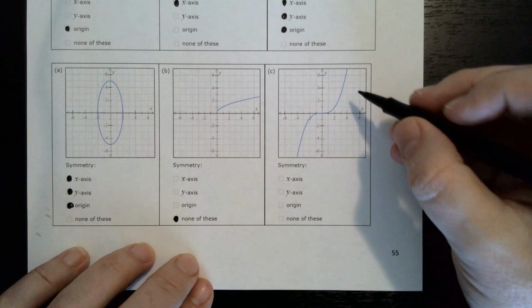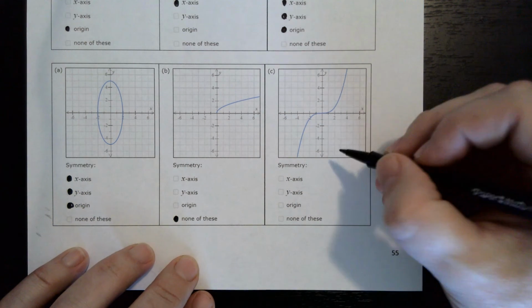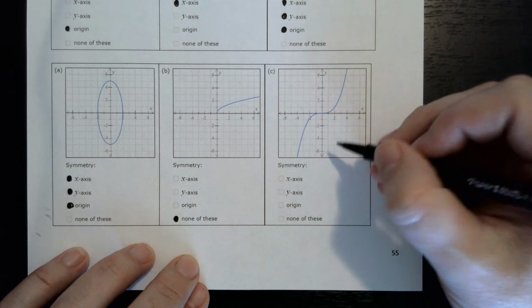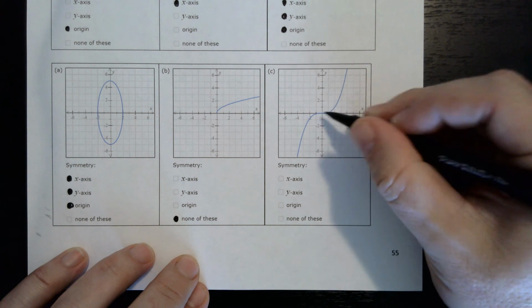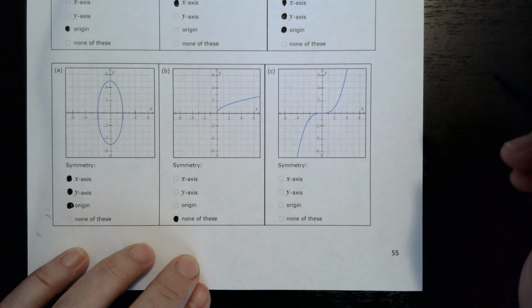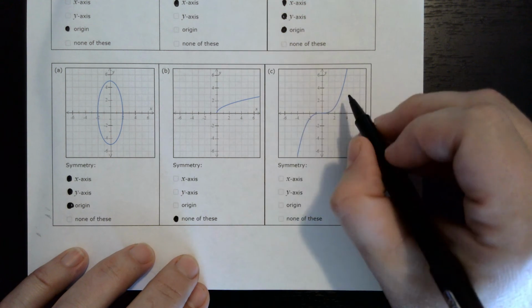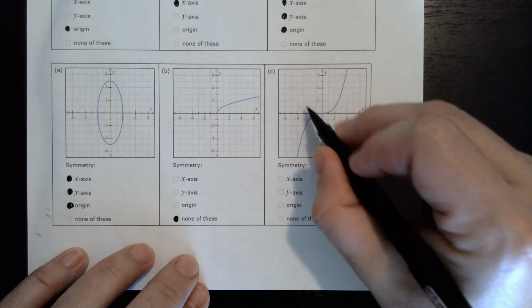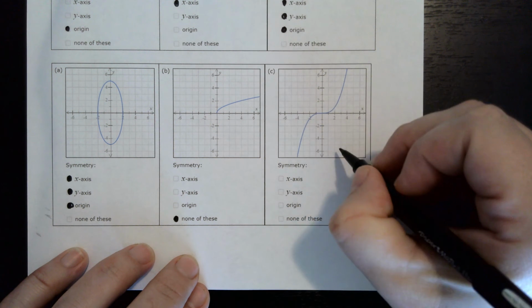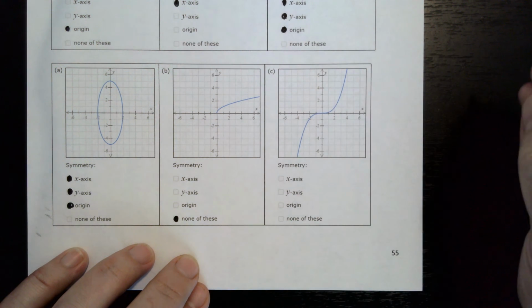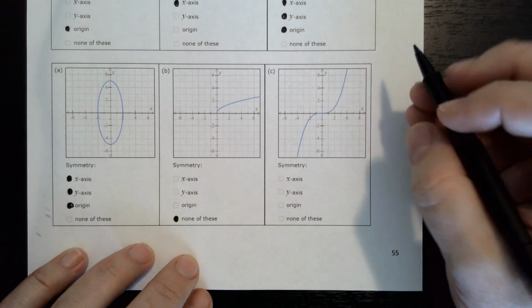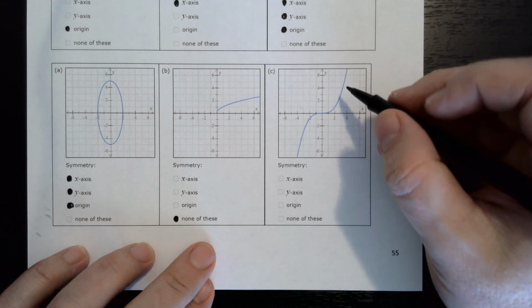Okay, and then the last one here, do the top and bottom look the same? No. There should be a graph down here and another graph up here for the top and bottom to look the same, so they do not. For y-axis, do the left and right look the same? Well, no, there would need to be a graph here for this one, and there would need to be a graph here for this one, so no y-axis symmetry. Does origin symmetry exist on this graph? Do the corners look the same?